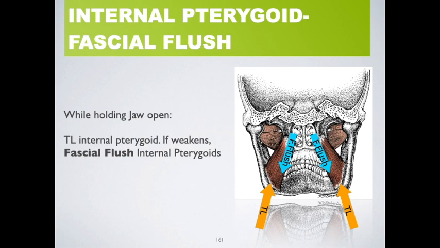The idea is that they're accessing at least the insertion of the internal pterygoid. And so these are a little more tricky. You have to reach inside the mouth and, gently at first, sometimes a little more vigorously, fascial flush that internal pterygoid. Not the most pleasant thing to have done, but it doesn't take long and it usually responds very quickly.